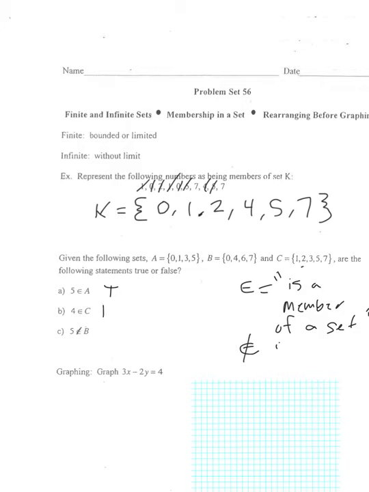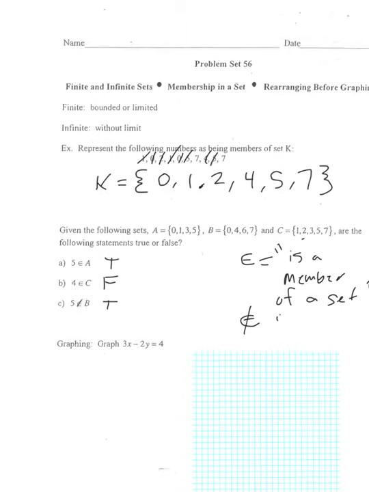So that would make this a false statement. And now for C, 5 is not a member of set B. Well, I go to set B here. I don't see 5 on the list, so that's actually a true statement that 5 is not a member of set B.